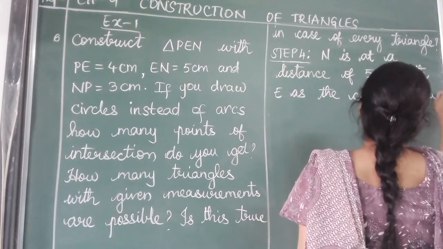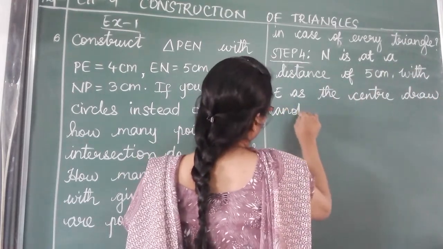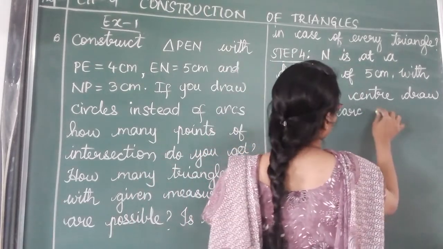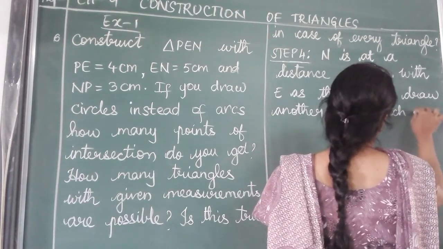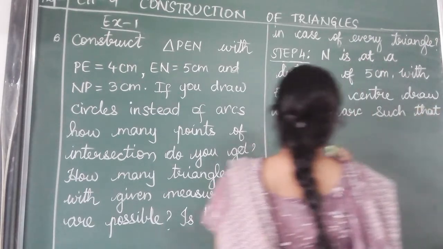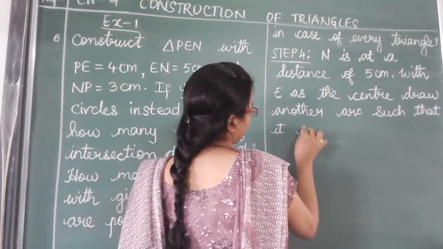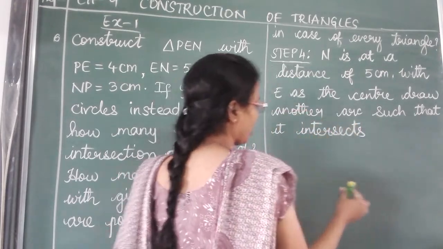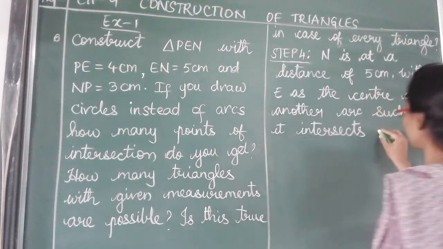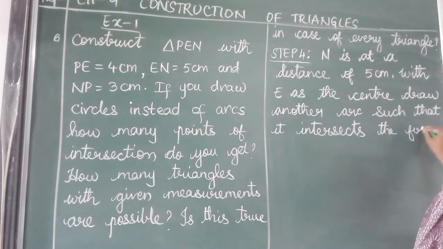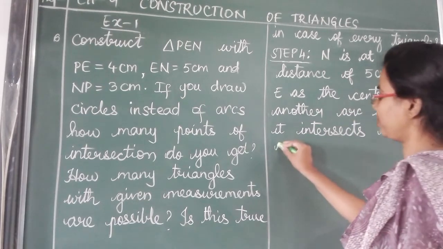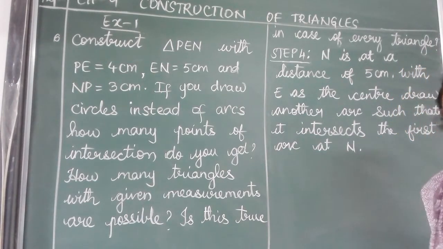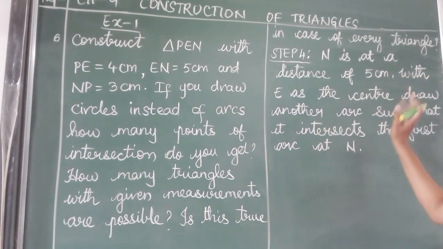Draw another arc such that it intersects or meets, its same meaning. It intersects the first arc. It intersects the first arc at N. Okay? So at N it is meeting.